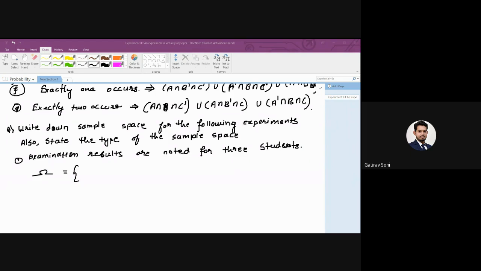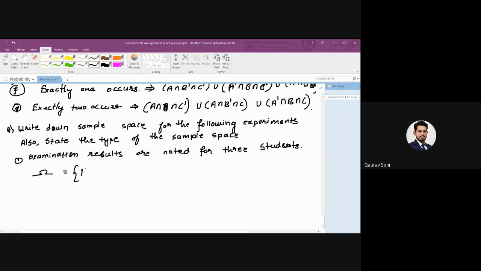Okay, at least tell me the type of sample space, which type of sample space this is going to be. Yes, finite. So that will be, how can we note that?